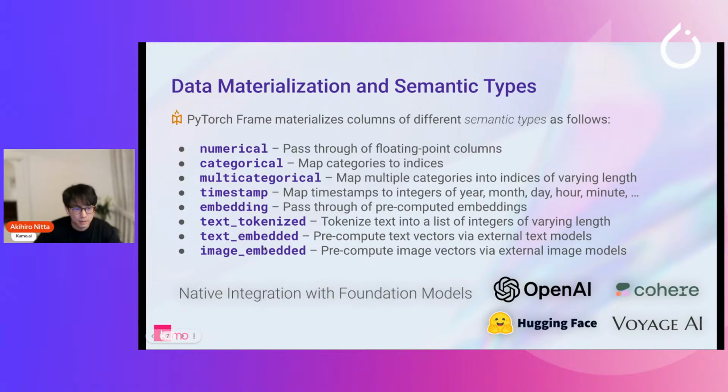You could also imagine that you could possibly add a postcode column as well. PyTorch Frame basically encodes these columns into tensors, and we support all of these semantic types.